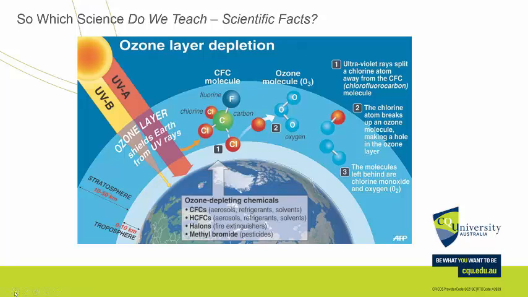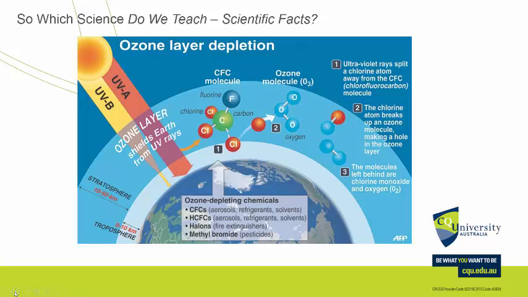Do we teach scientific facts? Do we talk about UVAs and UVBs, the impact on the ozone layer? Do we identify and break down and build little models of ozone depleting chemicals? Do we talk about a stratosphere, a troposphere? Do we look at ozone molecules and break them down into their subparticles? Do we examine the relationship between what is an ultraviolet ray?